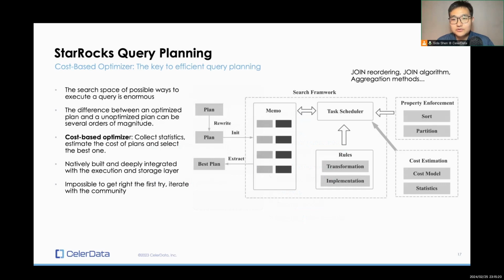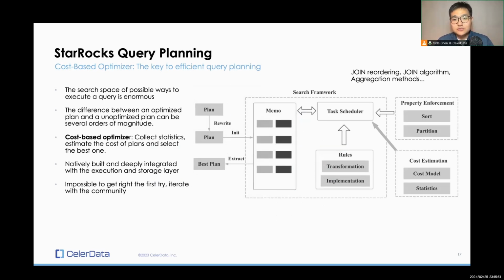There's join reordering, the type of join algorithm to pick for each single instance, distributed join strategies such as whether we do a broadcast join or a shuffle join, and aggregation methods. Those are many things we can pick. So the search space is enormous, and the difference between an optimized plan and an unoptimized plan can be several orders of magnitude.